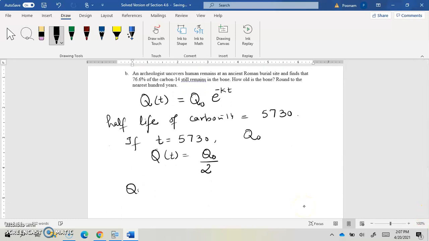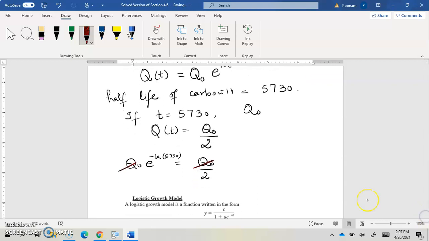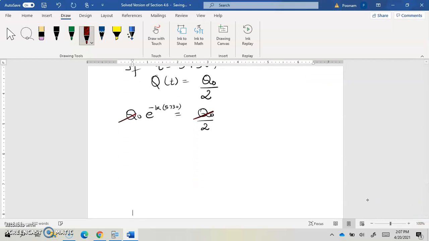So we have Q naught times e raised to the power negative kt is equal to Q naught by 2 when t is 5,730. So using this expression, we can find the k value. We can divide both sides by Q naught. So we have e raised to power negative k times 5,730 equal to half.